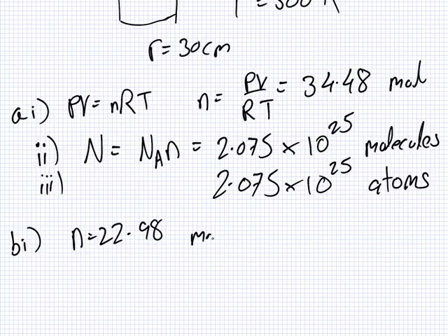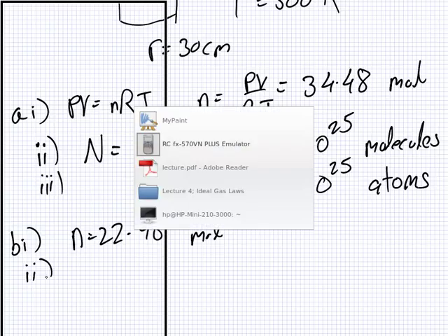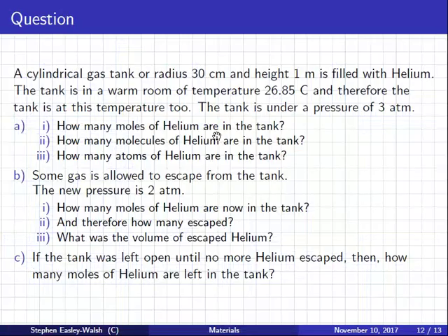When the gas escapes, the number of moles is less and the pressure is less, and you know what the pressure is, so you can know what the mole number is.